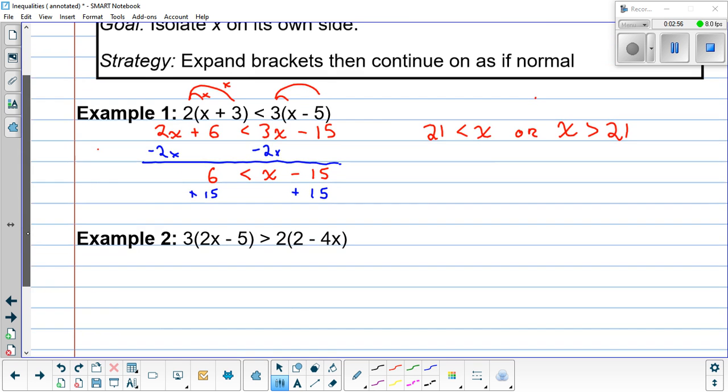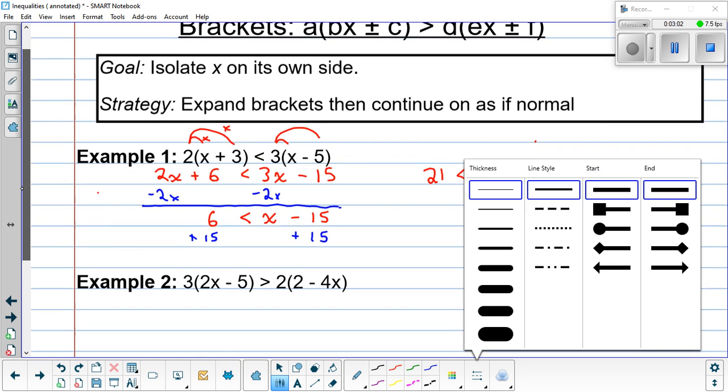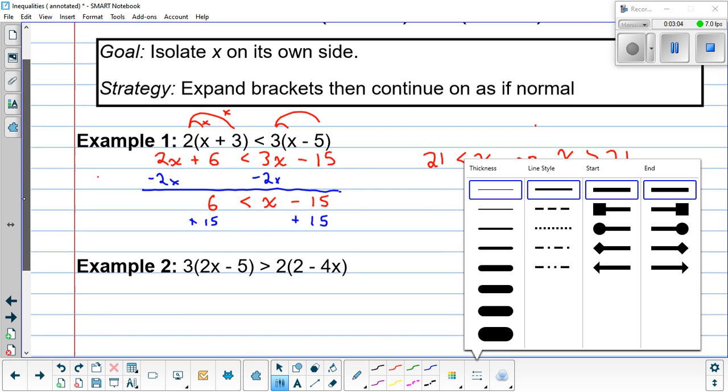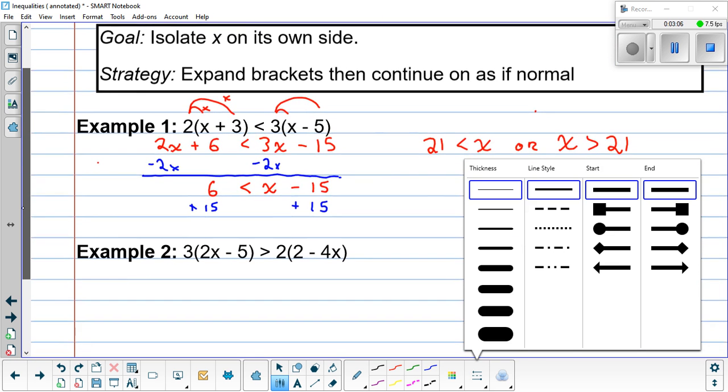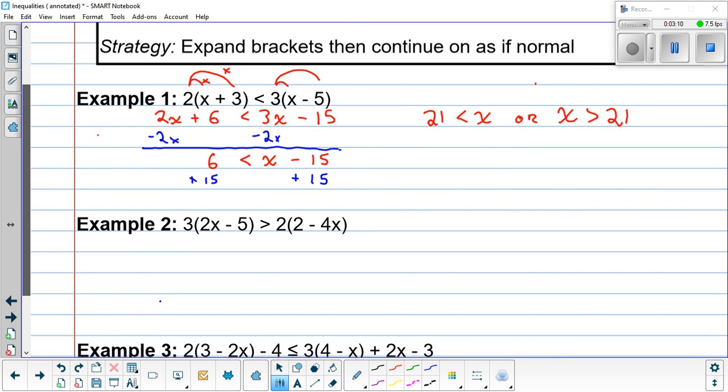Okay, so next example, example 2. First thing we do, get rid of the brackets, right? We don't even care that it looks like an inequality yet. All we care about is that it has brackets and we don't like them. So here, we're going to do 3 times 2x, which is 6x.